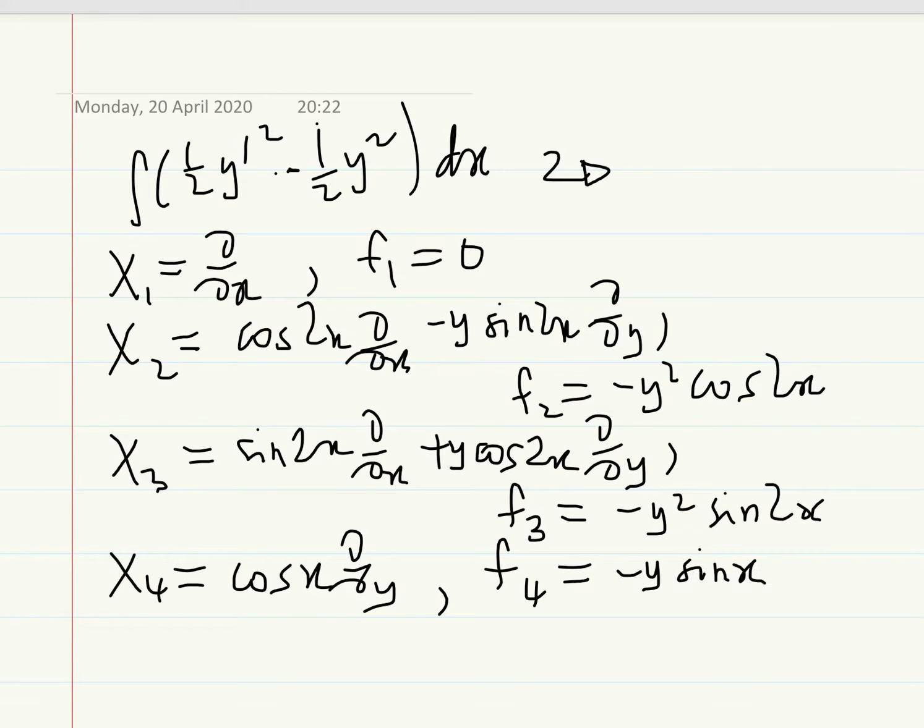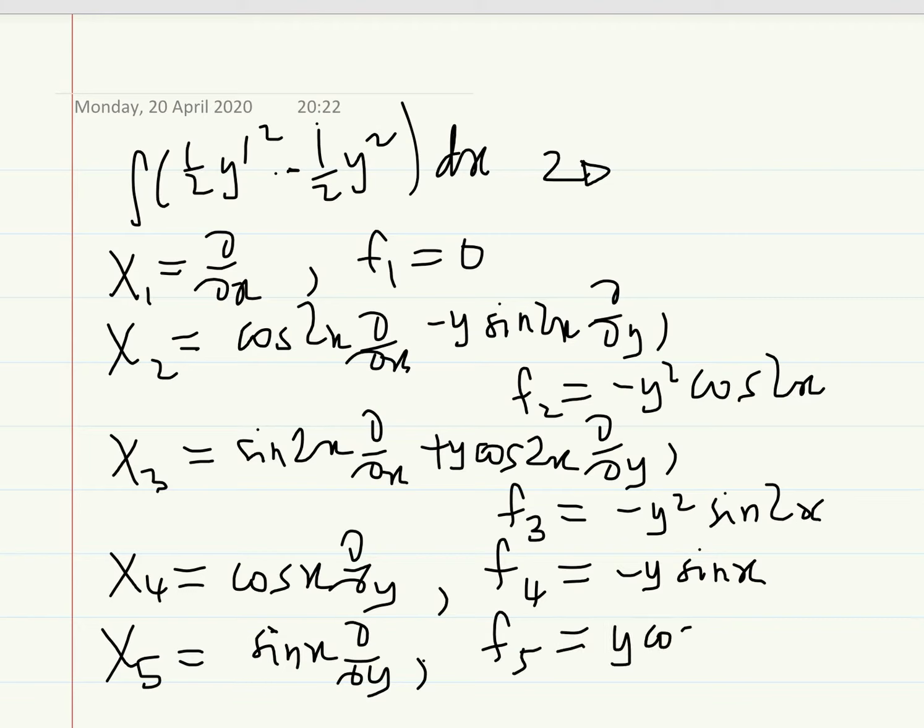This comes from putting d equal to 1, and when you put e equal to 1, you get sine x d dy, and the corresponding gauge function is y cos x. So there's the five-dimensional algebra of vector fields that leave invariant this integral, where your Lagrangian is a half y dash squared minus a half y squared.